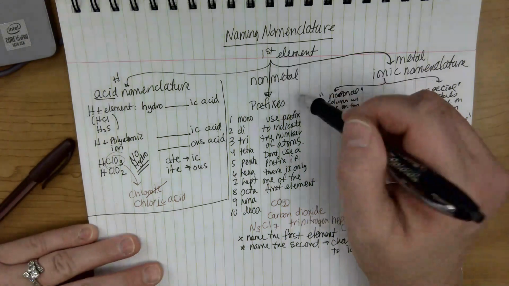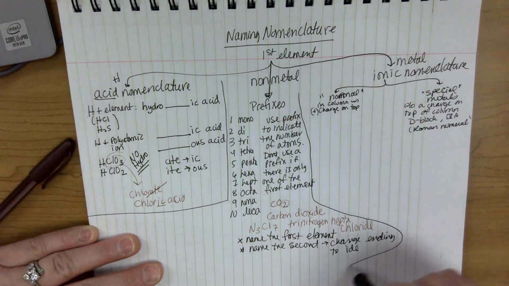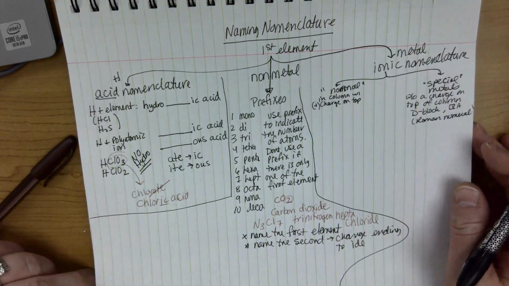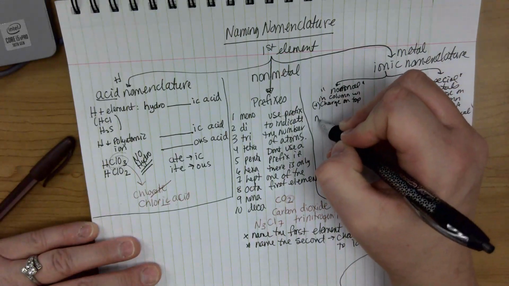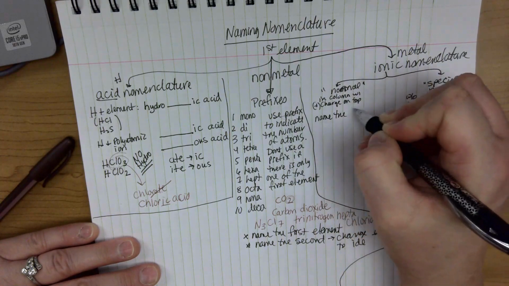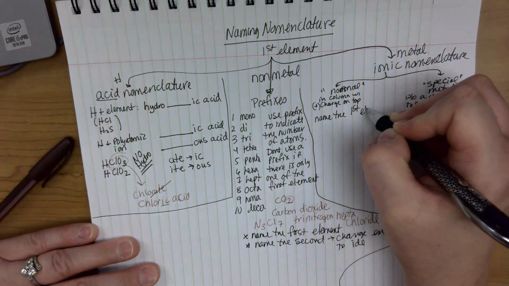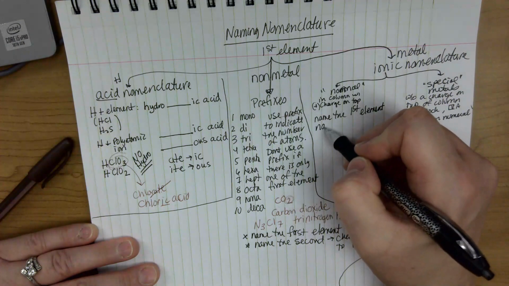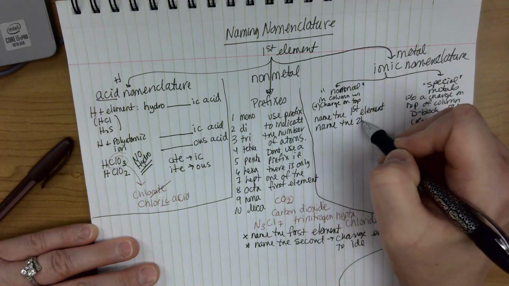Okay, that's nonmetals. Now, if the first one is a metal, and it's a normal metal, then you name the first element, or it could be a polyatomic ion if it was ammonia. Name the second.